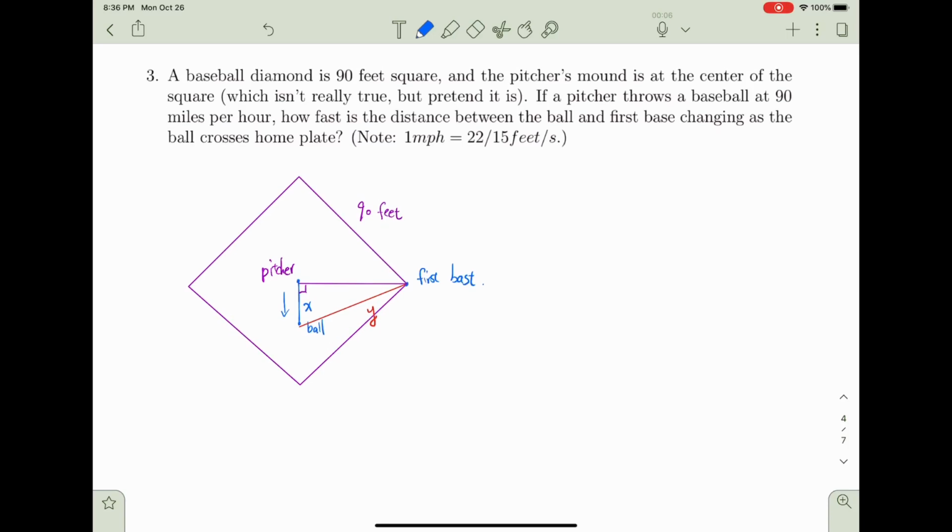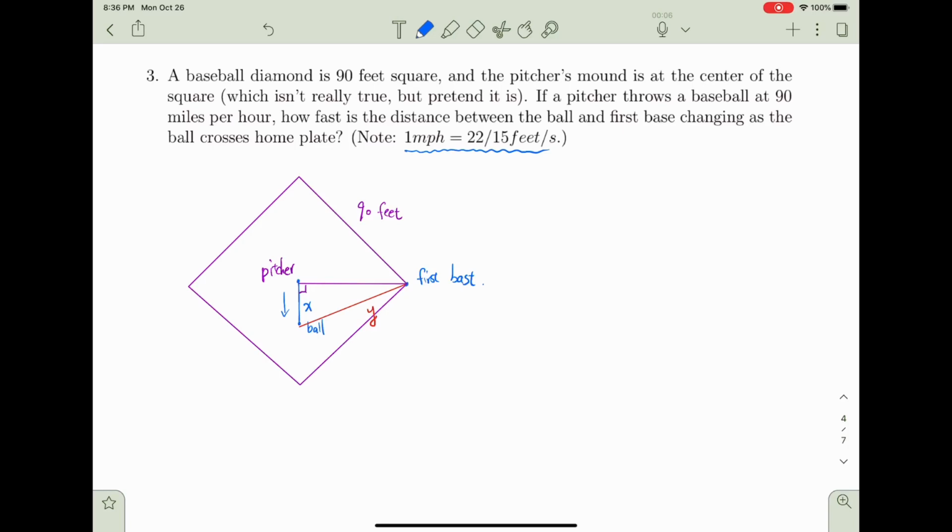But the baseball diamond is given as 90 feet, so we need to convert that unit into either feet or miles. The note here says that 1 mile per hour is equal to 22 divided by 15 feet per second. So we'd better convert the 90 miles per hour into feet per second.